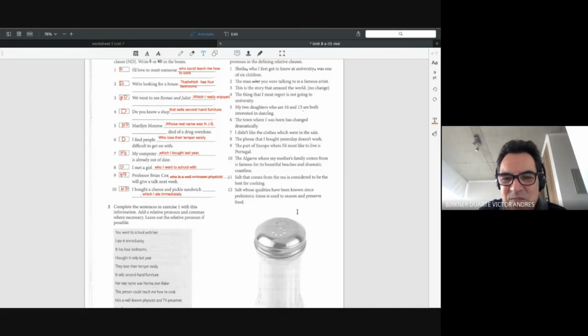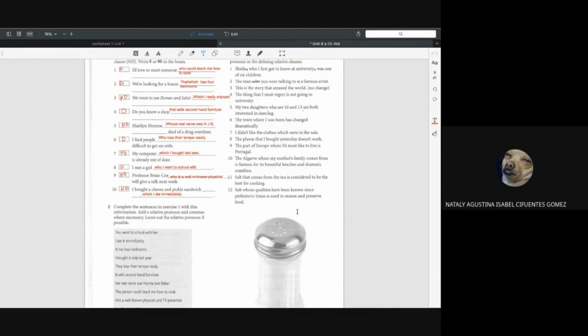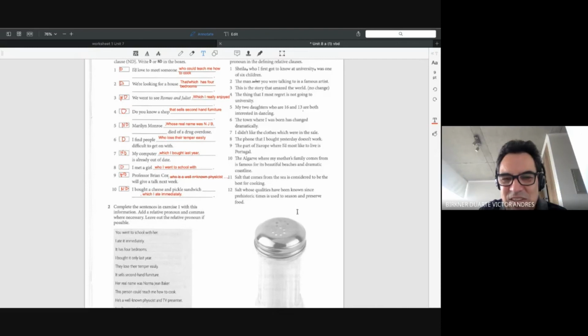Yes, it can be omitted, but it sounds a bit weird. I would say it would be the part of Europe I'd most like to live is Portugal. It is a defining clause, right? It can be omitted, but it sounds a little bit incomplete. But both are possible.